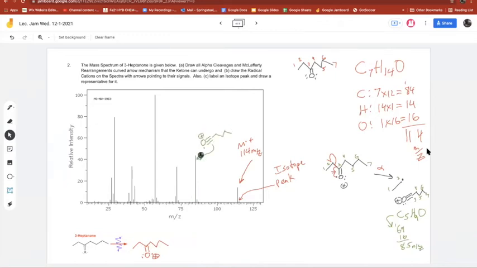And then we have the other alpha cleavage. I don't know if I asked you for all of them. Draw all alpha cleavages. Oh yeah, I'm not having you mess around on this one. So again, meet me halfway.